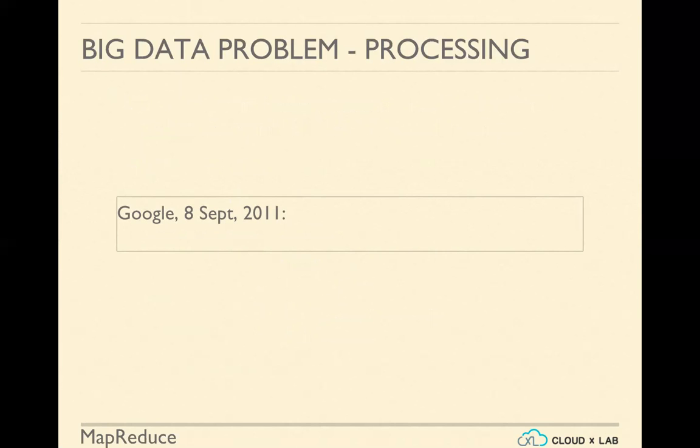Say, for example, Google was able to sort 10 petabytes of data in just 6.5 hours in 2011 using 8,000 computers. Using 8,000 computers, they were able to sort 10,000 times the data in 6.5 hours.